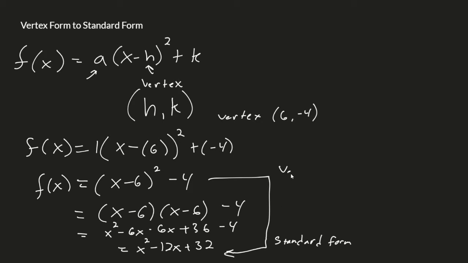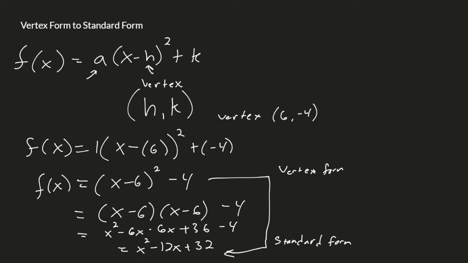Okay, so take some time to visualize what a vertex form looks like, what a standard form looks like, and what path we need to use to get from one form to the other. In our next example, we're going to look at how to convert from standard form back into vertex form. This is definitely the most challenging of the three forms so far.